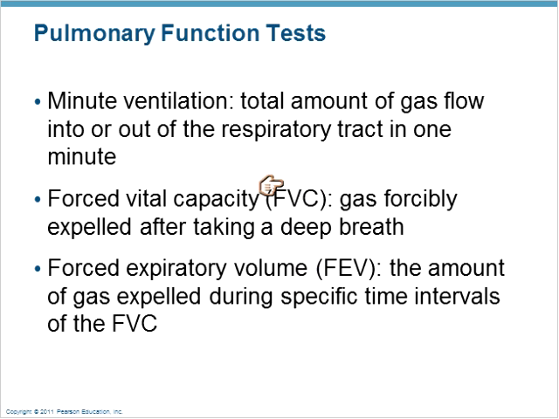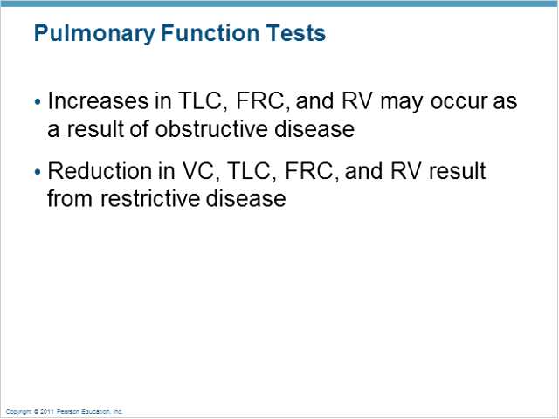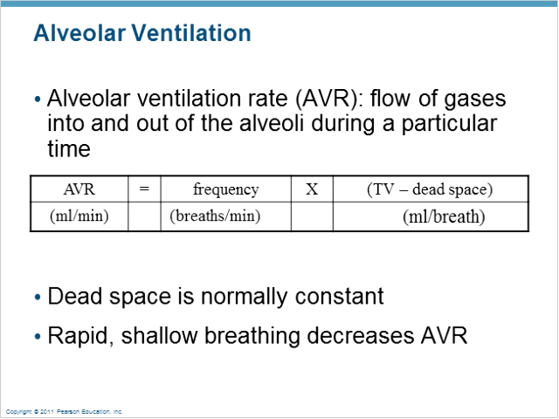So FEV is a portion or a fraction of FVC. Increases in total lung capacity, FRC and RV may occur as a result of obstructive disease. Reduction in vital capacity, total lung capacity, FRC and RV result from restrictive diseases.